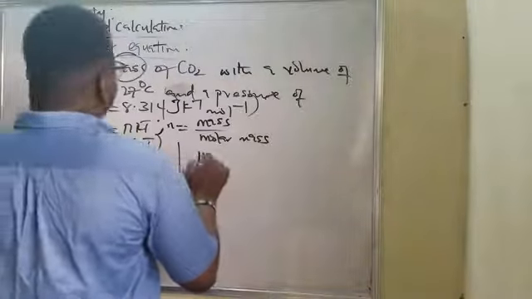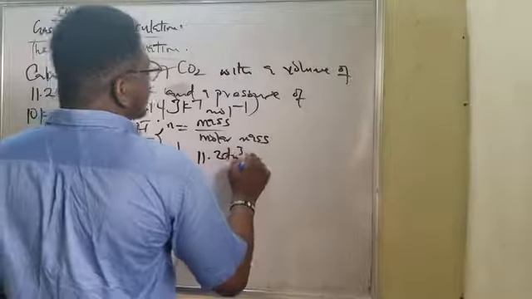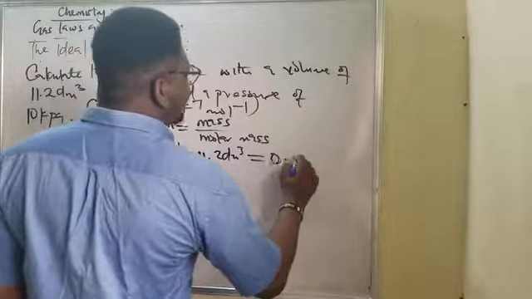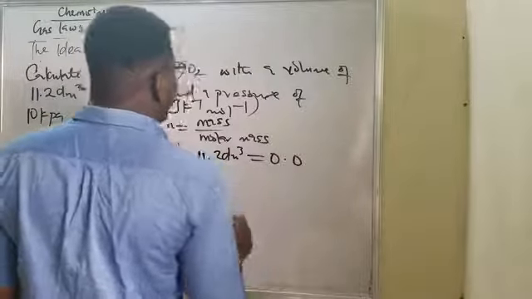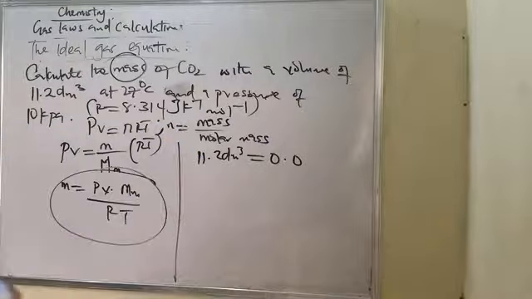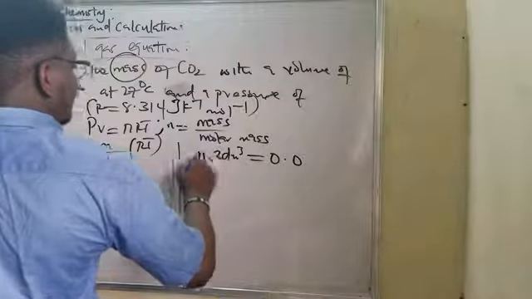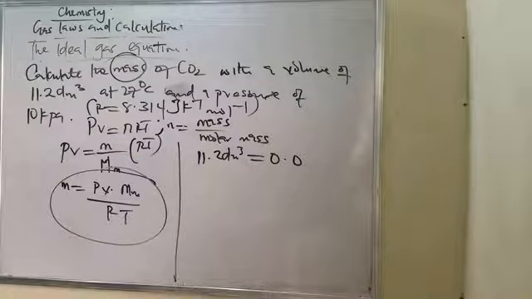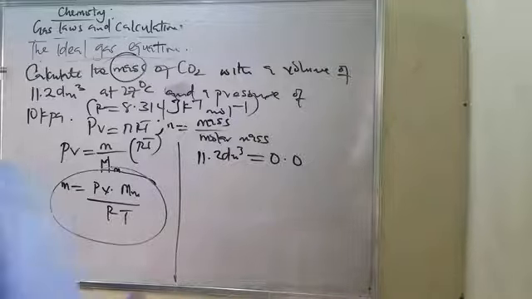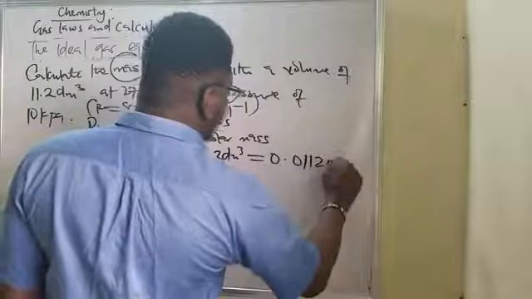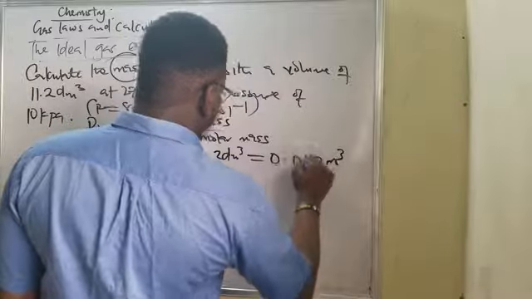And 11.2 dm cube is equals to 0.0112 meter cube, that's times 10 raised to power minus 3.